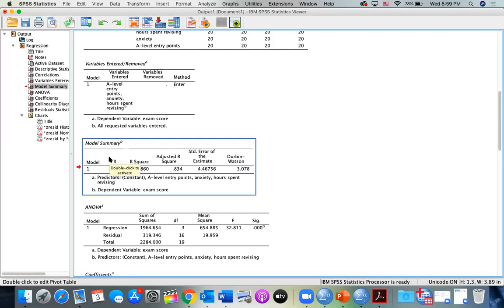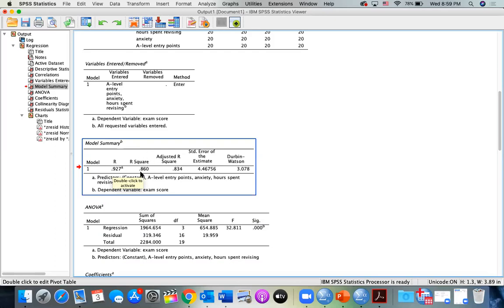R is the multiple correlation coefficient. As it approaches 1, it means that it's a very good model. However, the interpretation of R sometimes could be misleading. So we usually rely on R square.